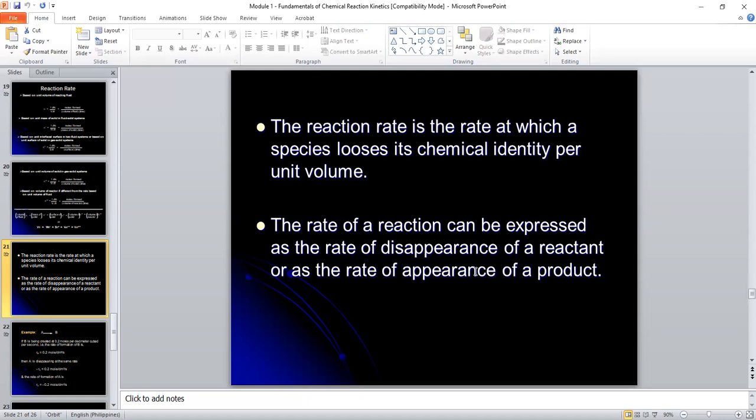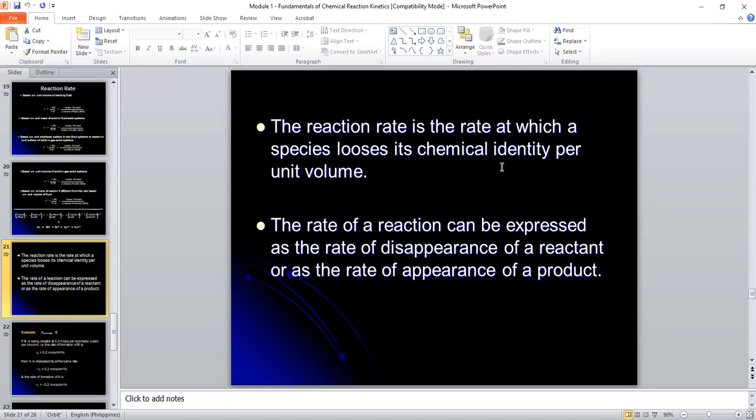But there are rates of reactions that are expressed in terms of formation or appearance of the product, so that makes it positive. That is why in the first bullet here, class, we specify the species that loses its identity. So it's referring to the reactant that loses or reduces its amount because it is being converted into the product.